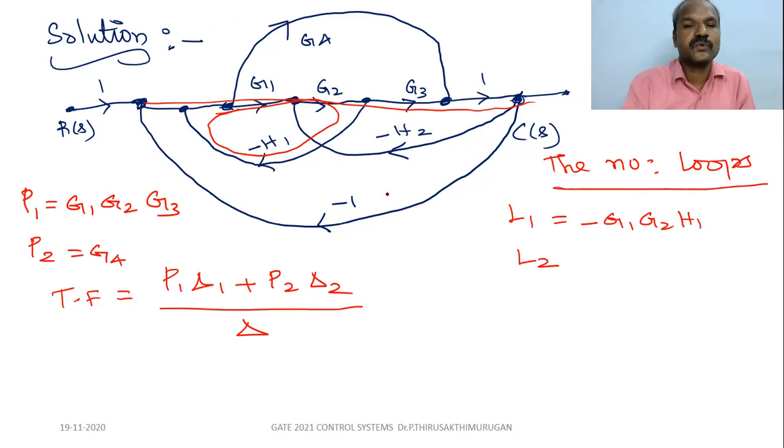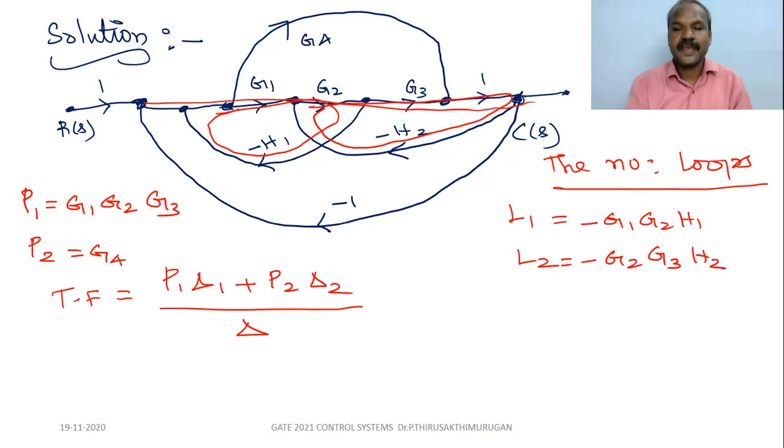What is L2? Another loop from G2, G3 into minus H2, so minus G2, G3, H2. Am I right? What is L3?